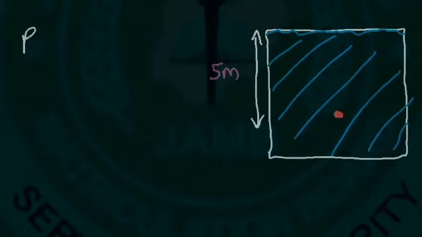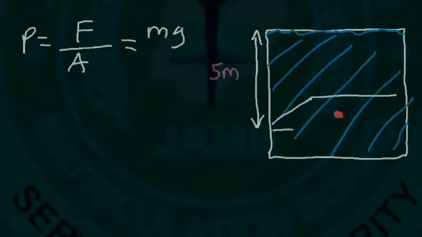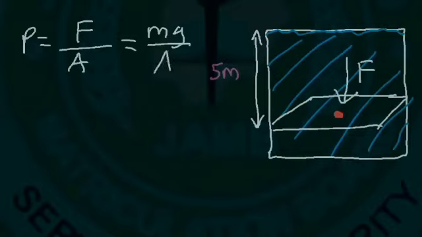So we know that pressure is force divided by area. The force is going to be the weight of the water, mg, that is currently above this surface where the point of interest is located. So the mass of water exerts a downward force on its cross-sectional area. And that weight force is the mass of the water above it times the gravitational acceleration, divided by the area.